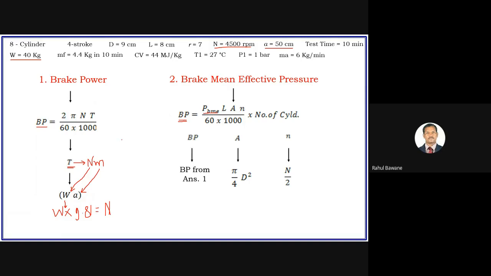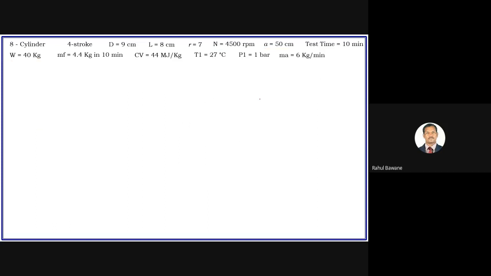So this is very important, to convert the unit. So put the value of brake power. Everything is there. Number of cylinders, it is given 8. So when we calculate pressure, pressure will be in Newton per meter square.